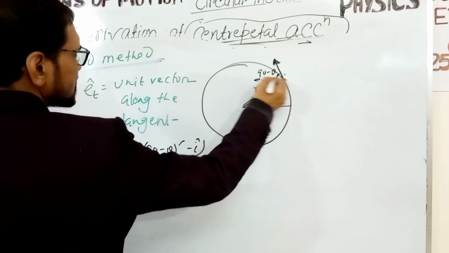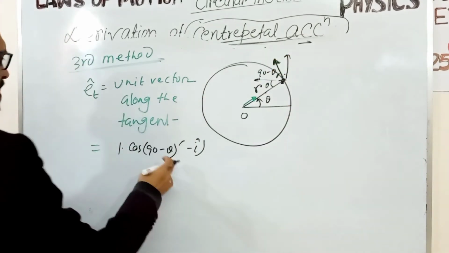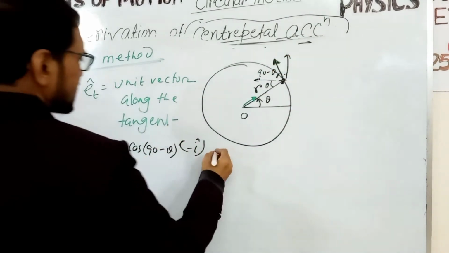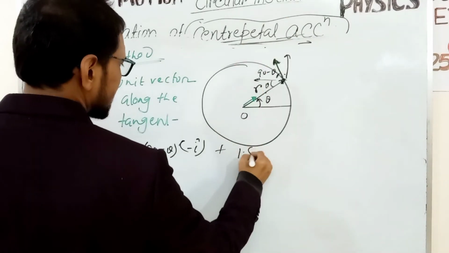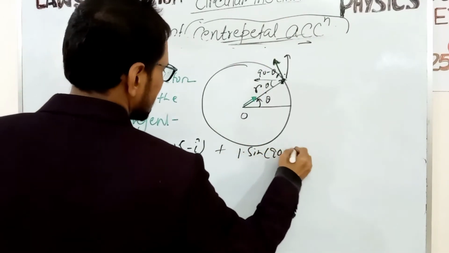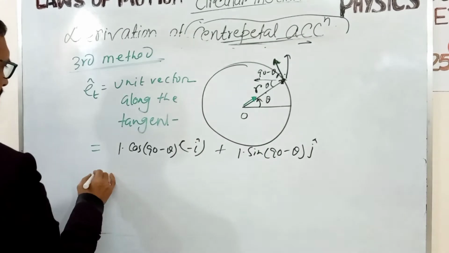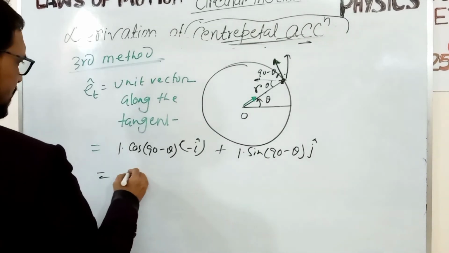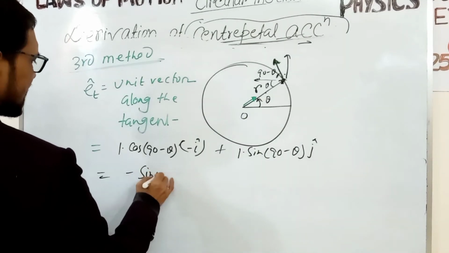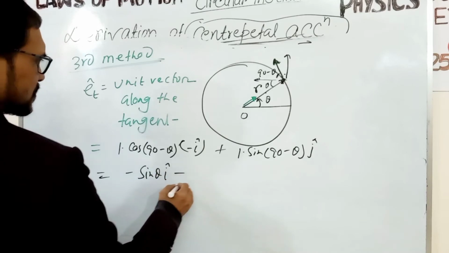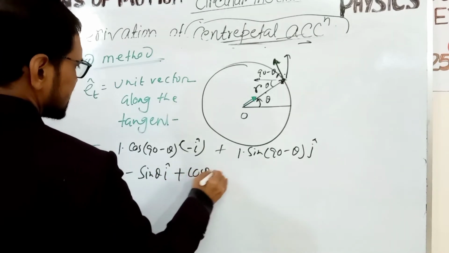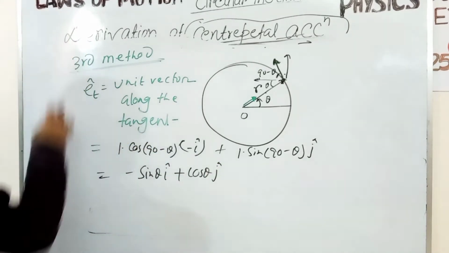So this component is in the minus i direction, and this component is 1 sin, the j component. So this is equal to minus sin theta i plus cos theta j. So this is the unit vector along the tangent.